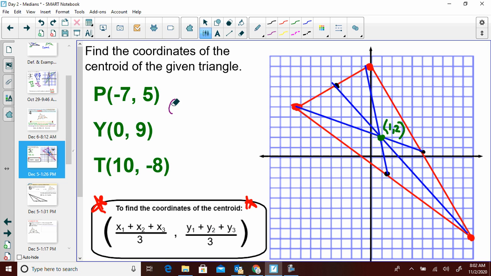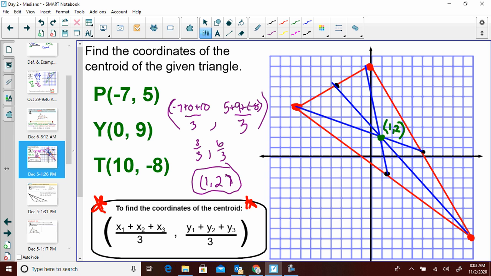Let's check it out. -7 plus 0 plus 10 over 3. 5 plus 9 plus -8 over 3. -7 plus 10 is 3 over 3. 14 minus 8 is 6 over 3. 1, 2.